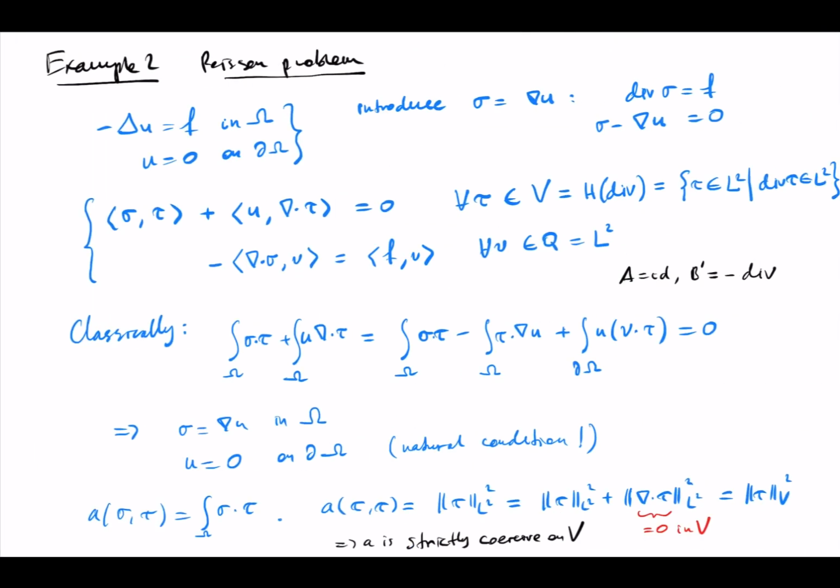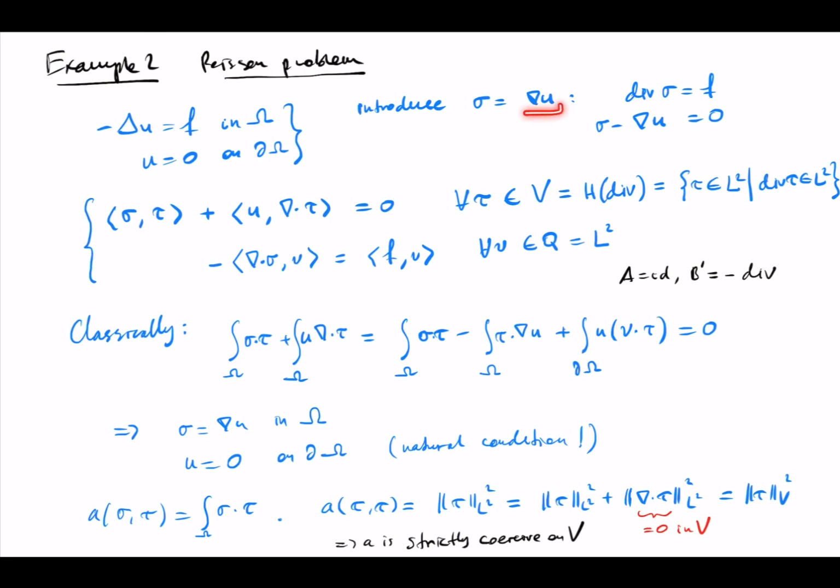Okay, our next example is the Poisson problem. So it's a different formulation of the Poisson problem. So our original problem is this. We have homogeneous Dirichlet boundary condition, and we're going to write this as a system of equations by introducing this vector field sigma.